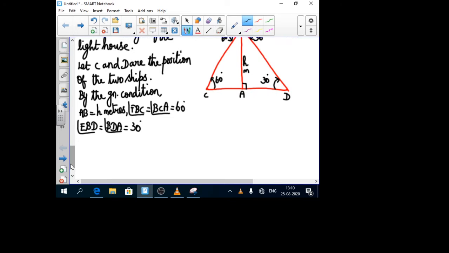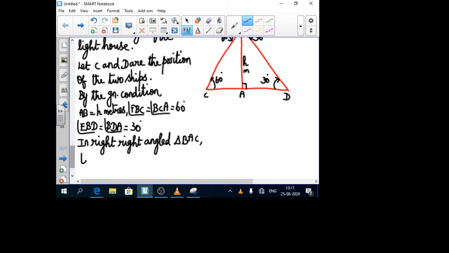So first, in right angled triangle ABC, the 90 degree you have to write in the middle, so triangle BAC.